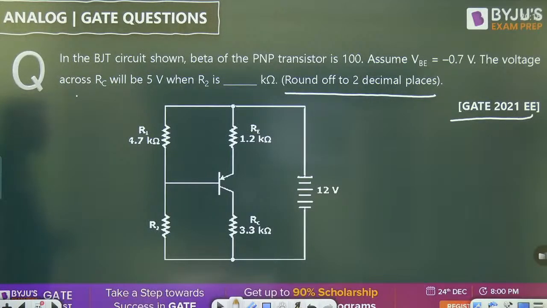If we are neglecting the beta, then the base current will become negligible, and you can make it 0 and then find the value. Suppose it is negligible as compared to that value, then we can neglect it.